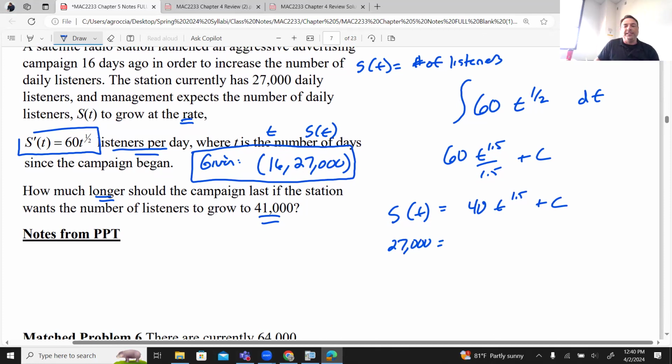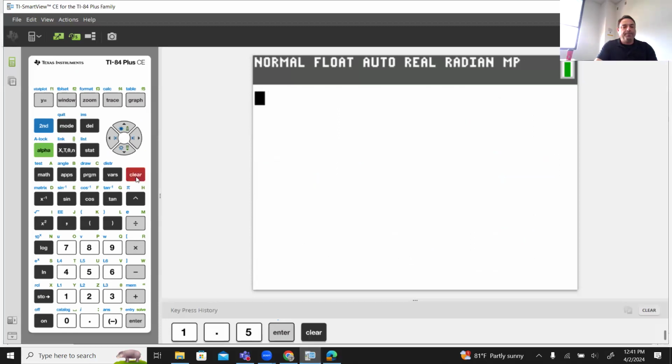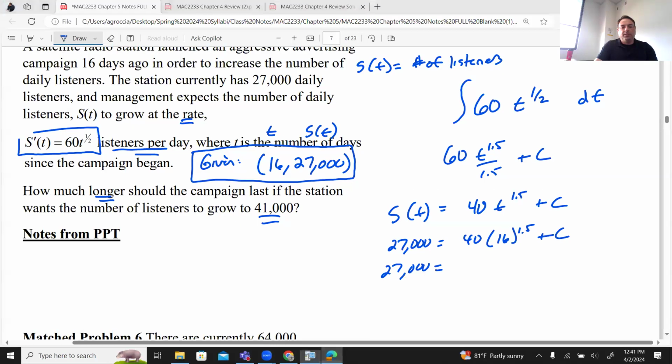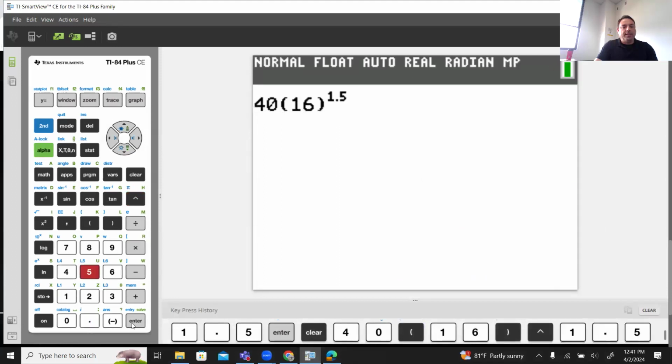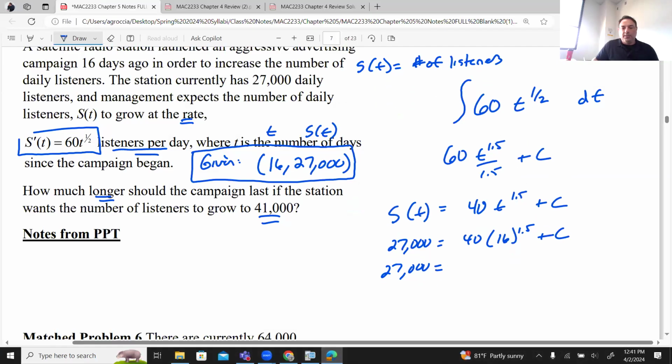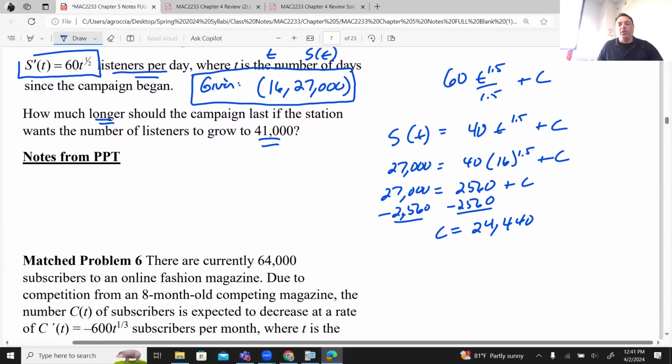So I put 27,000 equals 40 times 16 raised to the 1.5, plus C. If you type 40 times 16 raised to the 1.5 in the calculator, that gives you 2560, plus C. Then minus 2560 from both sides, and you get C equals, if you plug that in, 24,440.